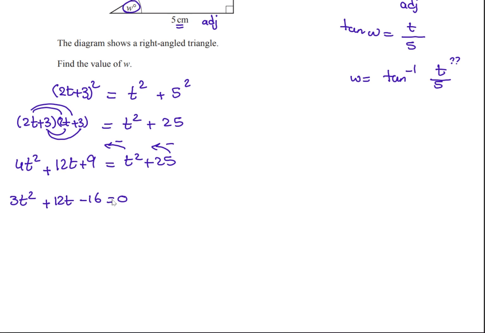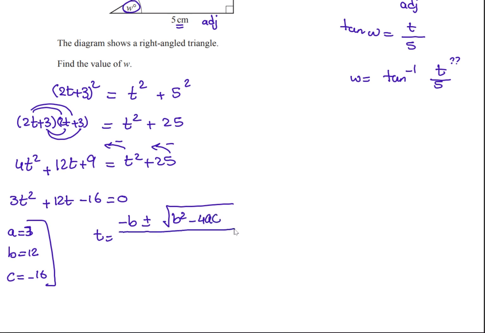So I have to use what to get t? I have to use the formula to get t. Okay, how to use the formula? A equal 3, B equals 12, and C equals negative 16. And then write the rule: t equal negative B plus or minus root B square minus 4AC over 2A.